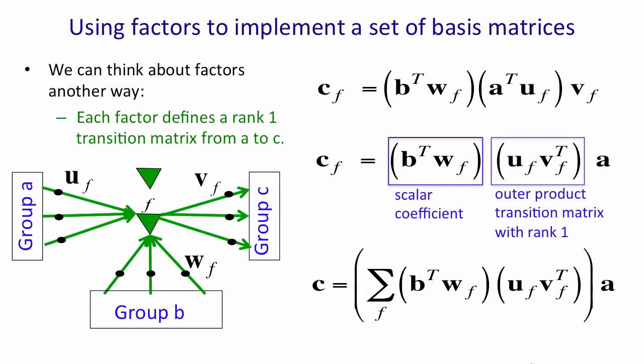So we can see that we've synthesized a transition matrix out of these rank 1 matrices provided by each factor, and what the current character in group B has done is it's determined the weight on each of these rank 1 matrices. So B times W determines a scalar coefficient to put on each of the matrices out of which we're going to compose this great big character-specific weight matrix.